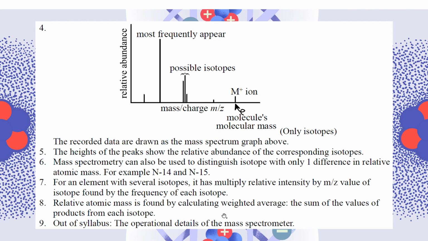The operation detail of the mass spectrometer is out of syllabus, so you don't need to learn it. You can go to YouTube and watch another video. Maybe in IB physics, you learn it when you talk about circular motion in a uniform magnetic field. You'll learn it very soon.